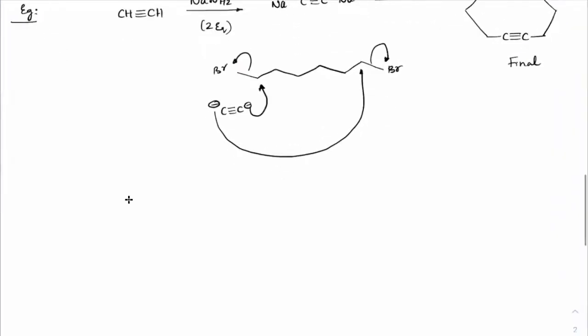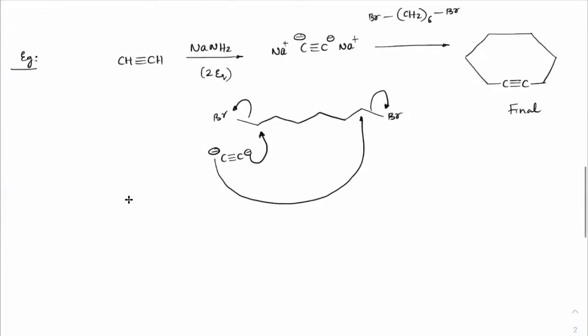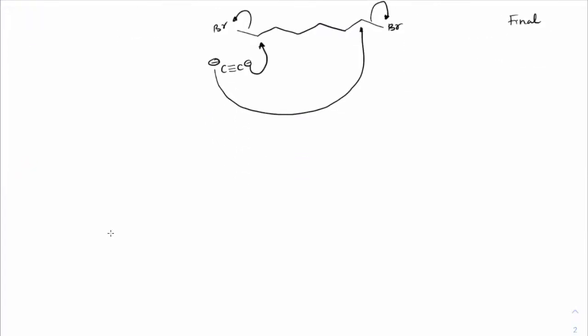Next. This way we can prepare alkynes, any type of alkynes we require. Suppose we have dehydrohalogenation to be done, then how do we make it? So let's see, dehydrohalogenation is the third type: dehydrohalogenation of vicinal or geminal dihalides.